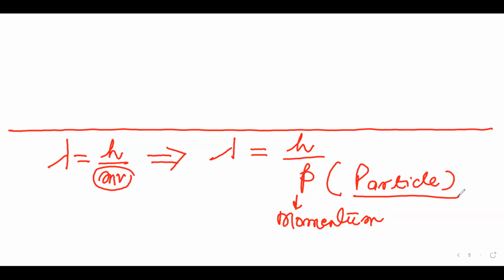So momentum is the property which emphasizes the particle character, and lambda is the wave character, and this is a constant. Agreed or not? Yes, sir.